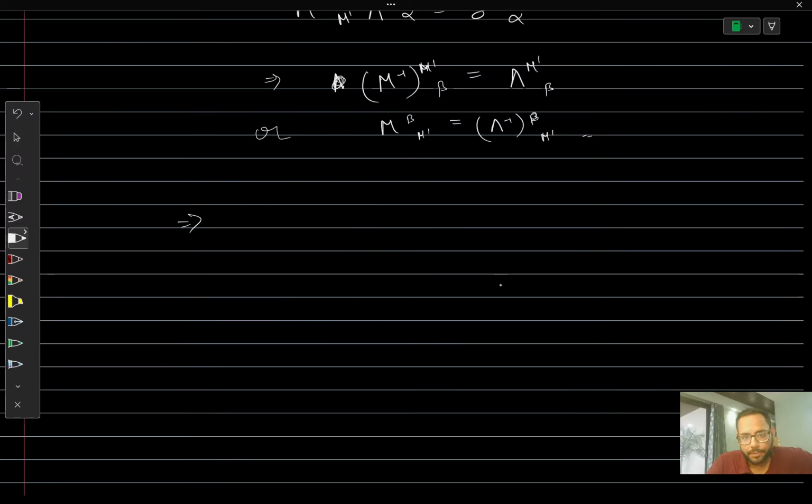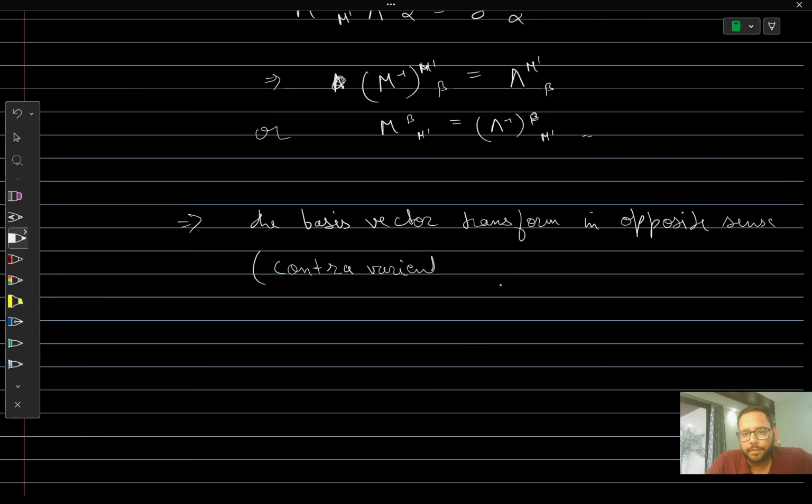This implies that the basis vectors transform in the opposite sense, or say contravariantly, with respect to the displacement vector, let's say the four displacement vector components.